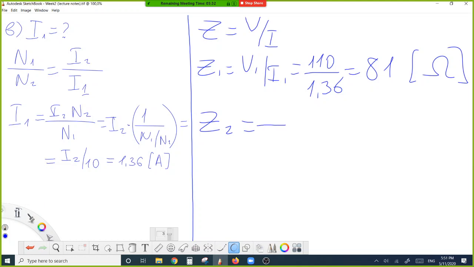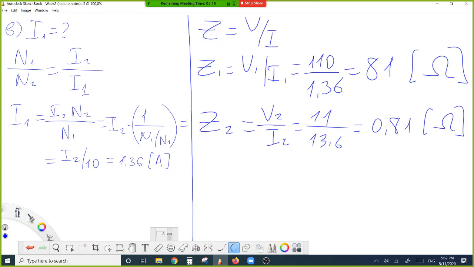And impedance of the second is V2 over I2, which is 11 volt over 13.6, which is 0.81. And the ratio between impedances of Z1 over Z2 is equal to 81 over 0.81, which is 100.